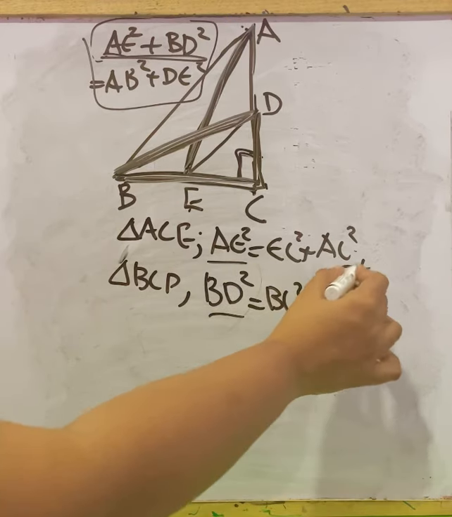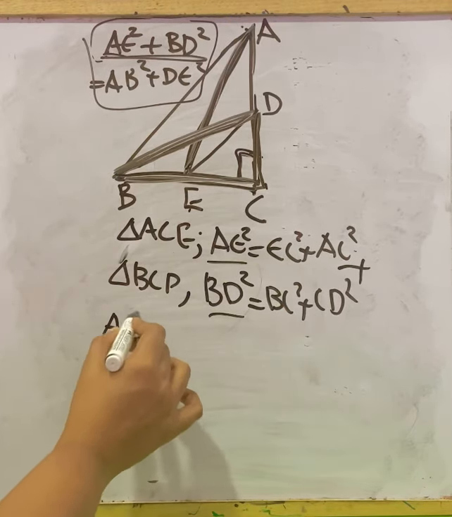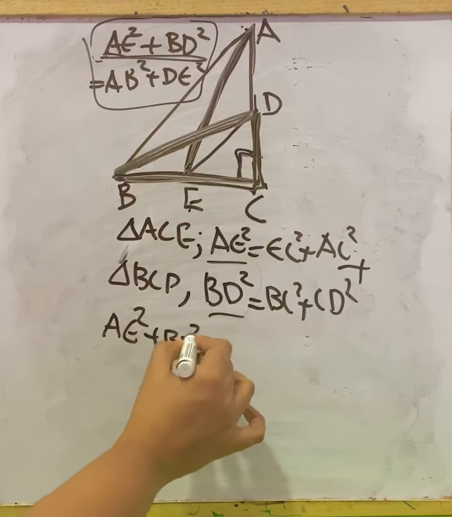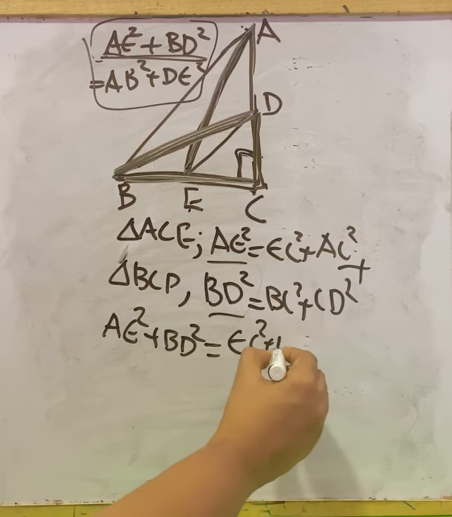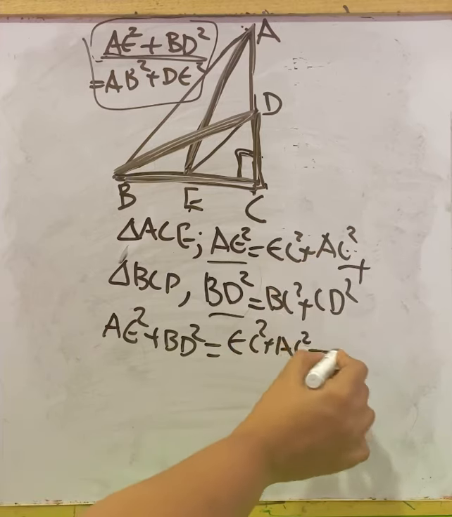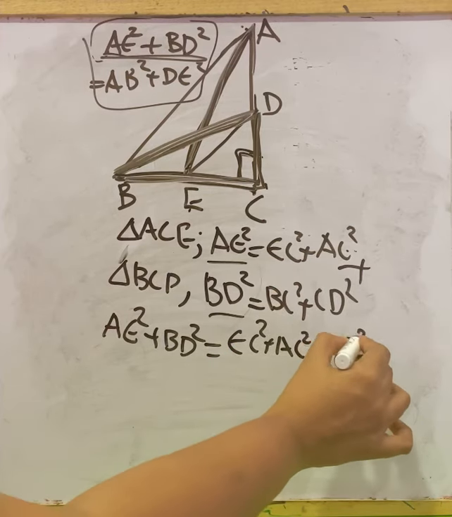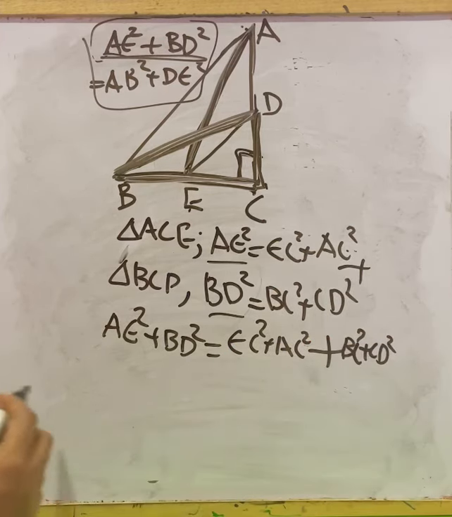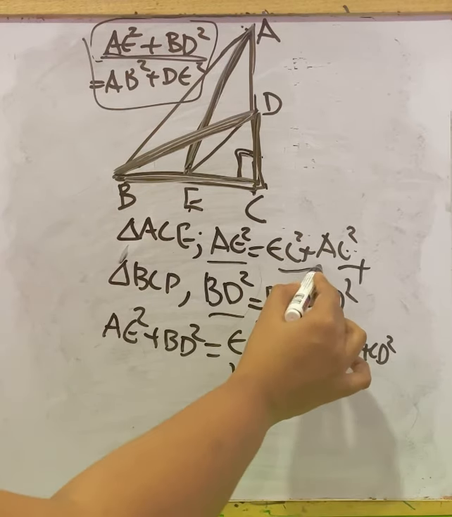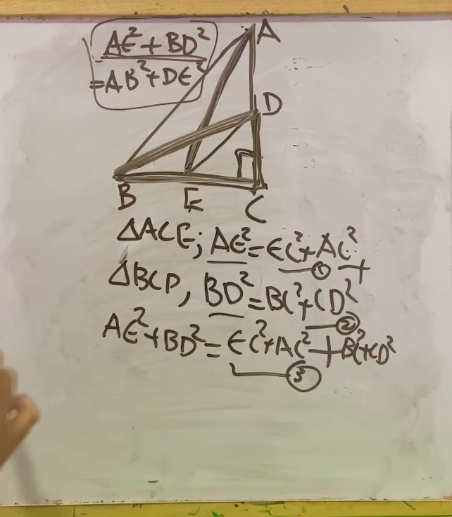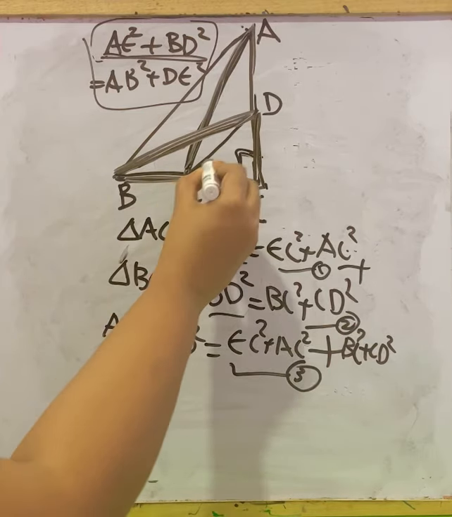So we are adding them. It becomes AE square plus BD square on the LHS, and on the RHS we have EC square plus AC square from here, plus BC square plus CD square. Now keep it there. Let this be the third one. This is the first equation, this is the second equation, this is the third one.